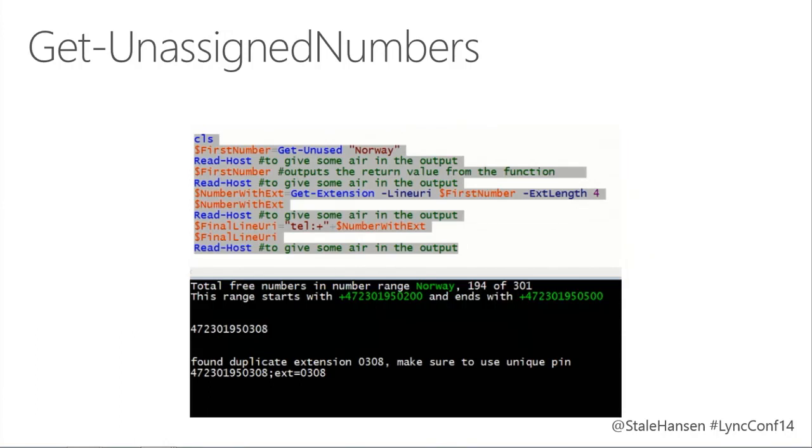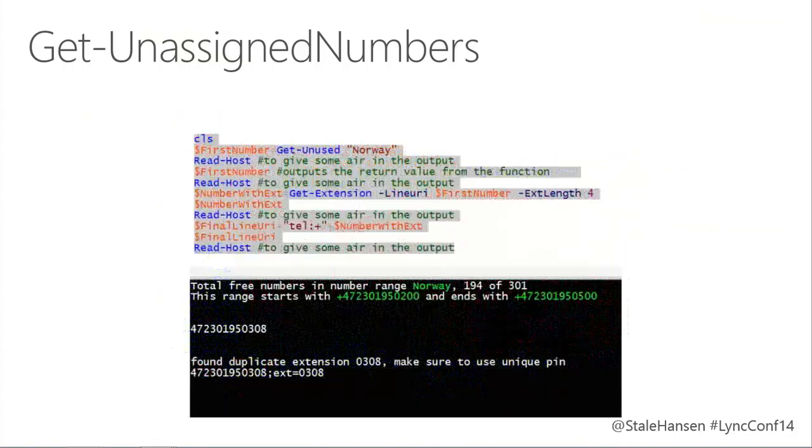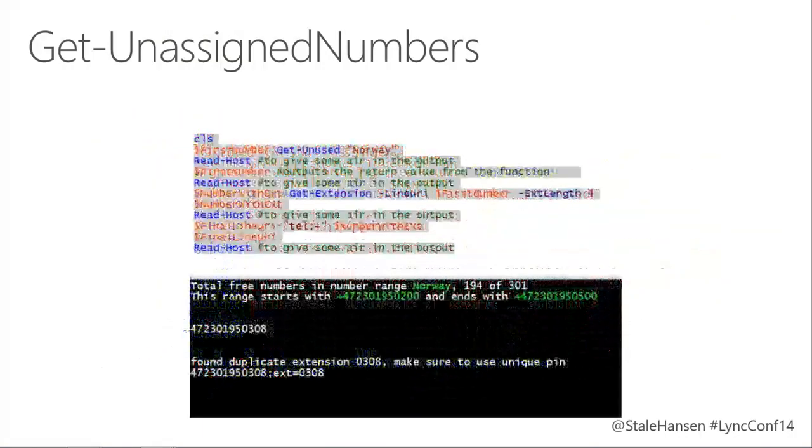They can have the same extension with different pin codes for authentication. But of course there's a problem if you want to use extensions to dial between users. But that's not recommended, right? So you can have duplicate extensions. It will only warn you about it. And then we have the entire line URI.